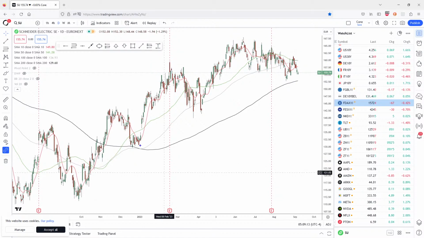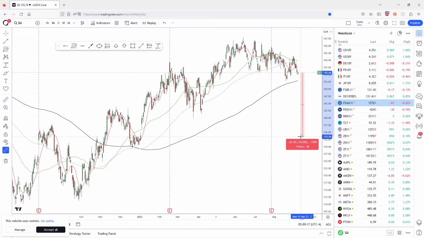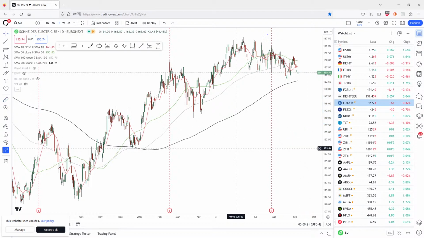You've got a gap fill down here. That's about 14% away. But here you need a catalyst to break this descending trend line for a rip back into these highs.